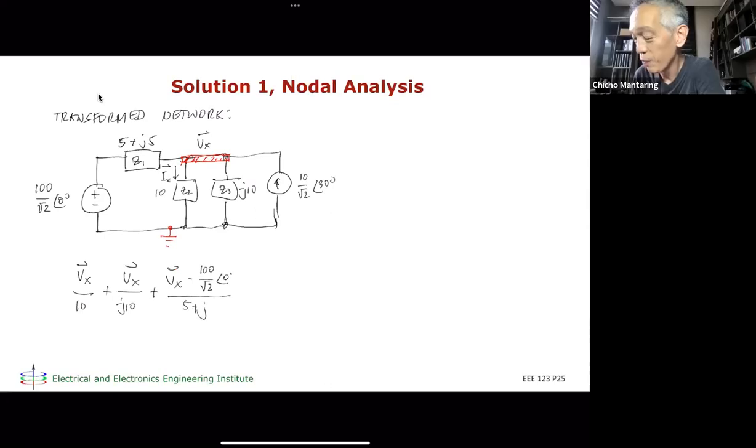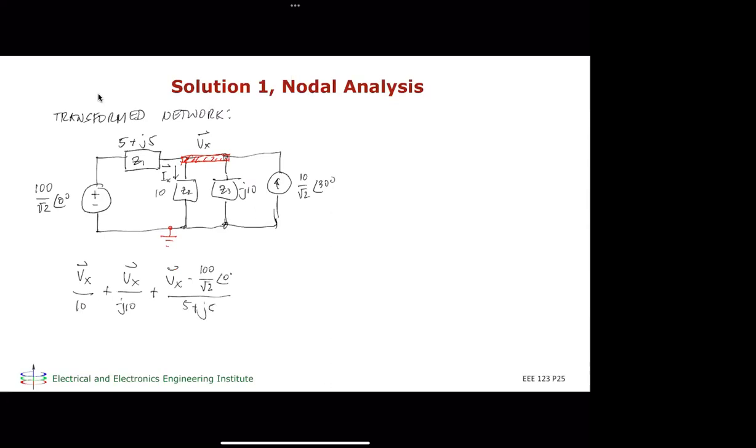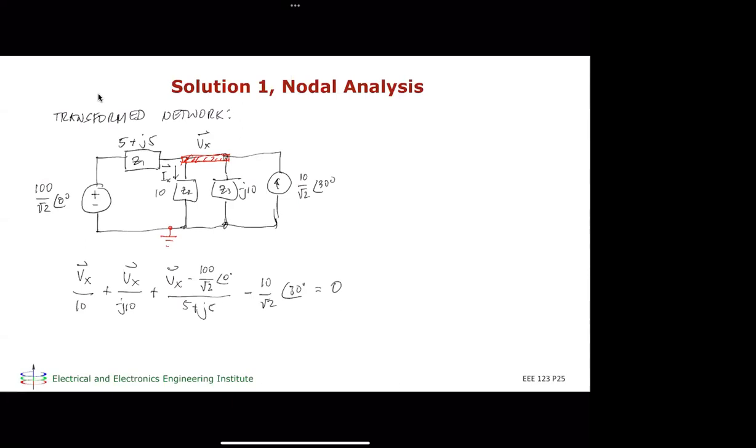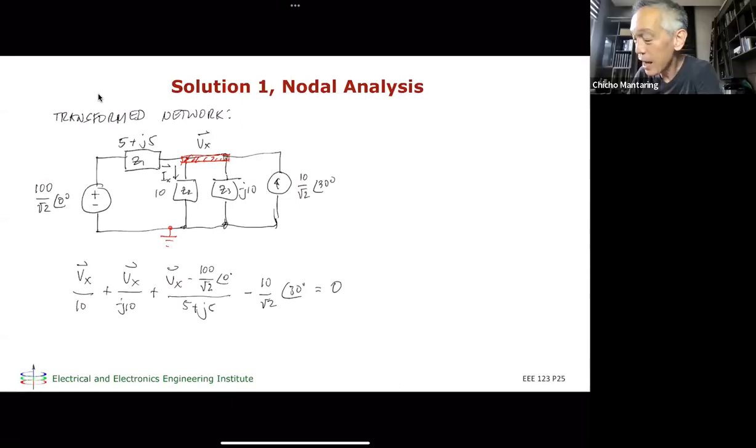Minus 10 over square root of 2 with an angle of 30 degrees. Okay, very good. Kayang-kaya. Equal to 0, syempre, ano? Equal to 0. Yes. Okay. So, ito, isang unknown lang, no? You only have one unknown.